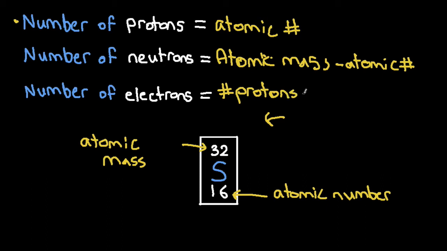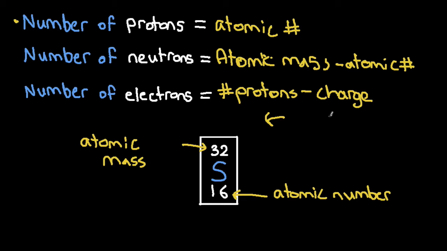But it's not going to only equal that, it's going to be subtracted by a charge if we have one. So this is what we encounter once we get ions. If it's not an ion, we won't need to worry about subtracting the charge, but if it is, then it's going to be something that we're going to encounter.